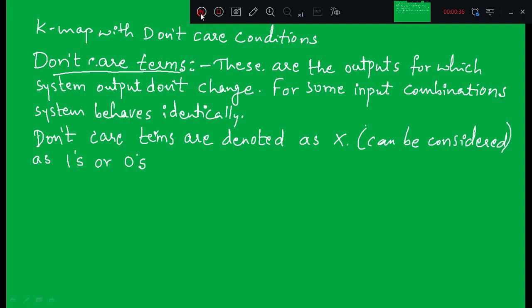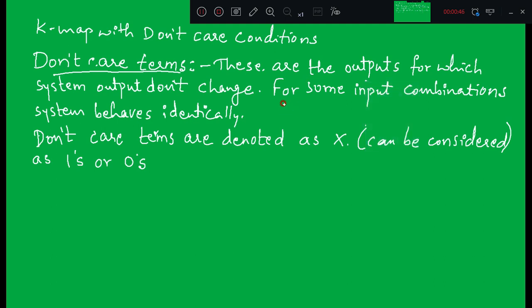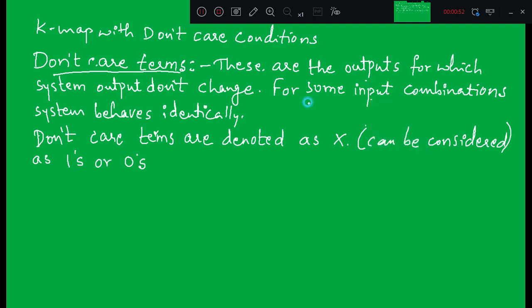As per the definition, don't cares are the terms for which the system output doesn't change. For some input combinations, the system behaves identically.